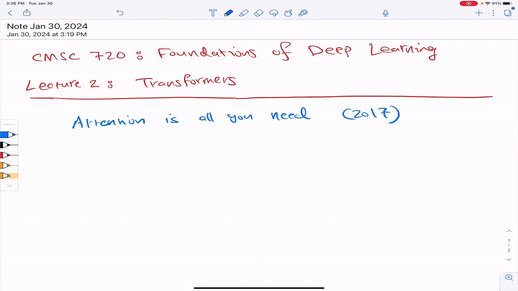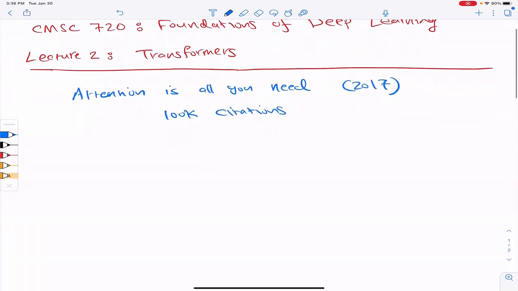The last time I checked, this paper had more than 100K citations. This kind of shows the importance of the transformers in modern AI and machine learning models.